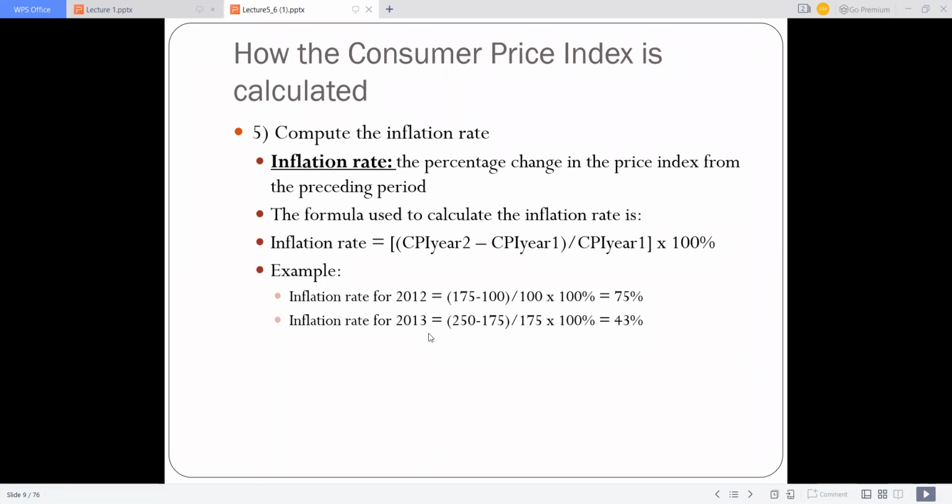I'm teaching you the linear way. Somebody asked me about the GDP deflator. I've not mentioned the GDP deflator here, but there will be certain circumstances where the GDP deflator may function as an inflation rate.